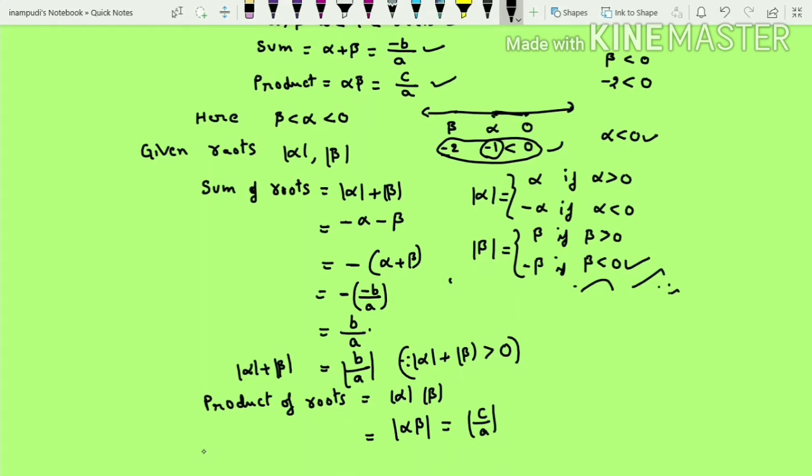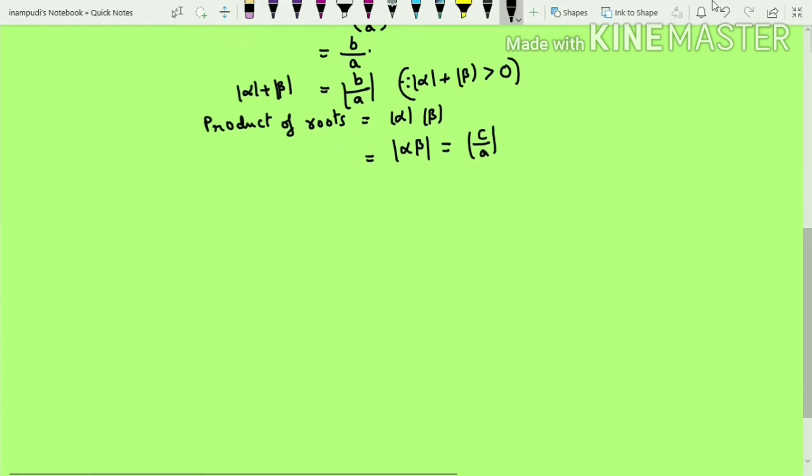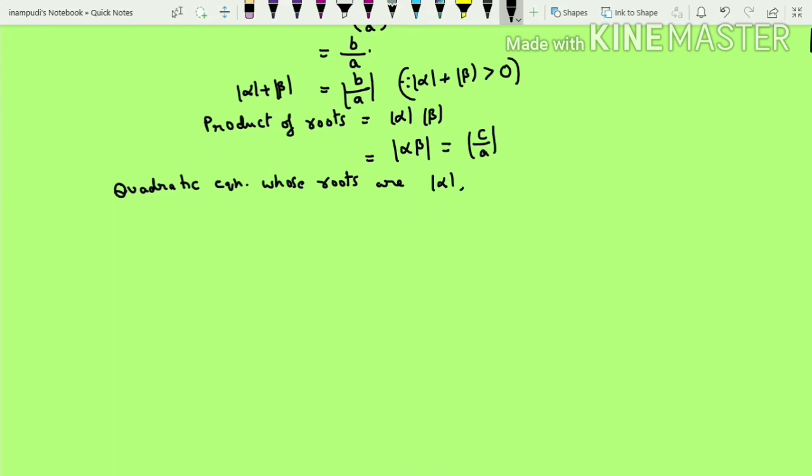Okay, we can determine the quadratic equation whose roots are mod alpha and mod beta.